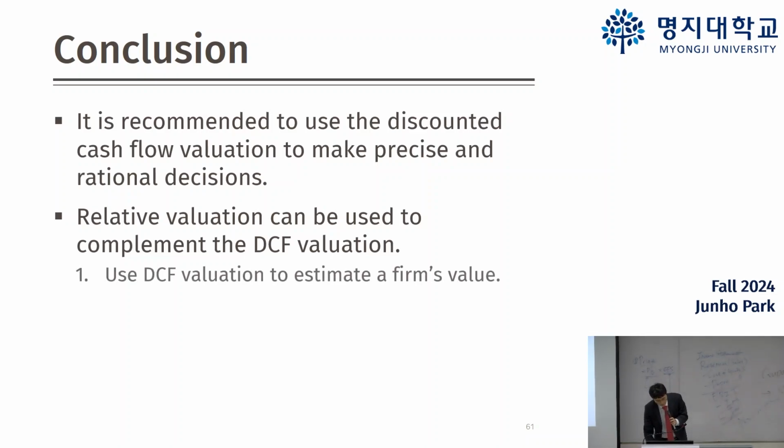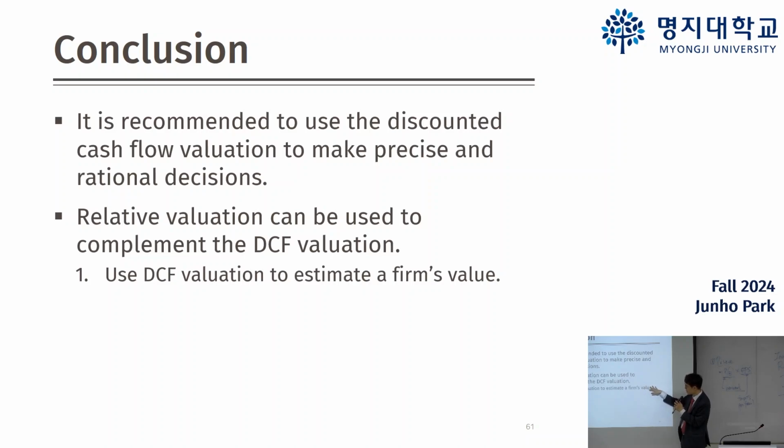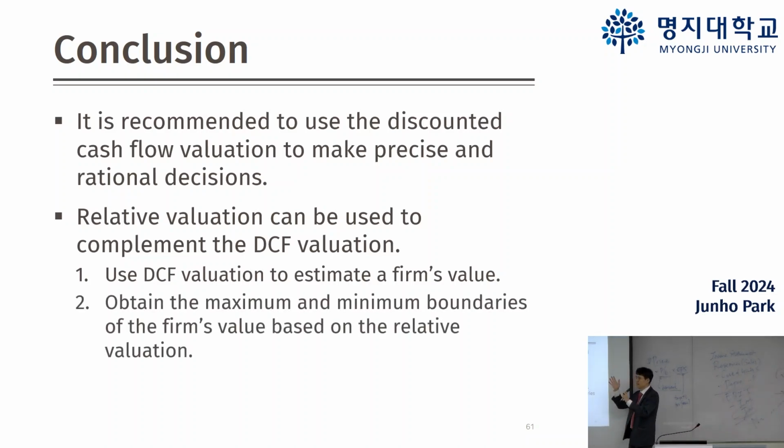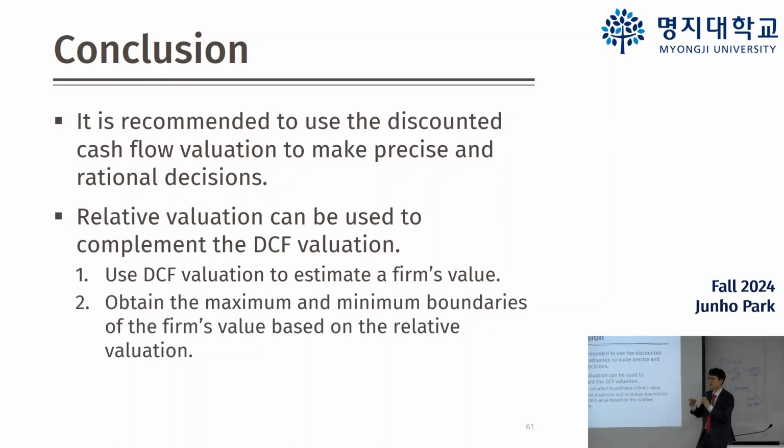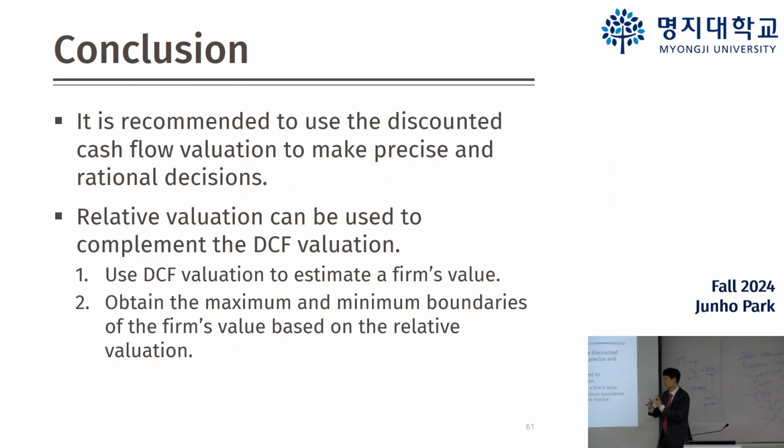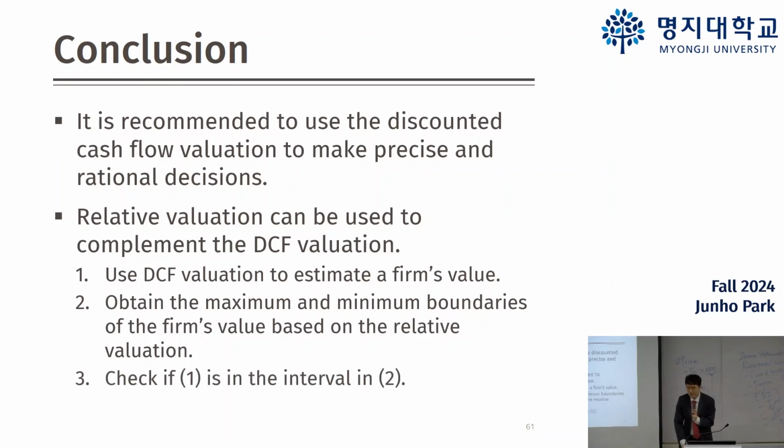Well, how? First, you use the discounted cash flow valuation to get the stock price. And second, in an independent way, you use the relative valuation to get the boundaries. You calculate what will be the maximum possible stock price and what will be the minimum stock price based on the relative valuation. And check, finally, whether your answer from 1 is in the boundary of 2.